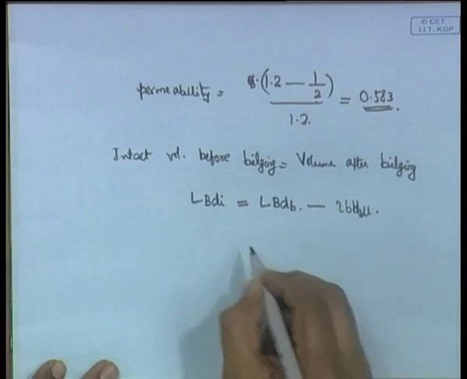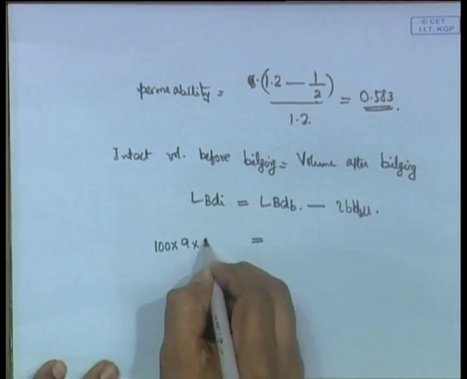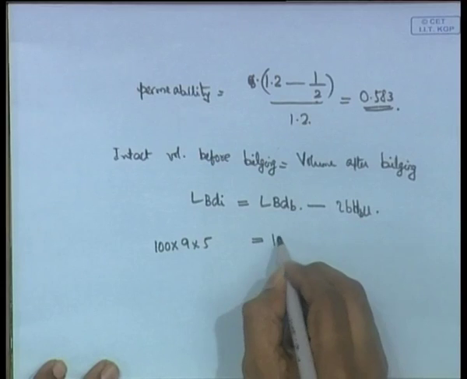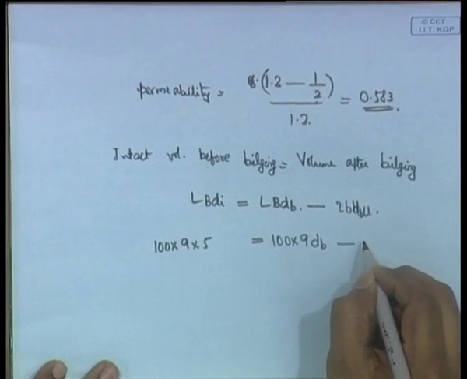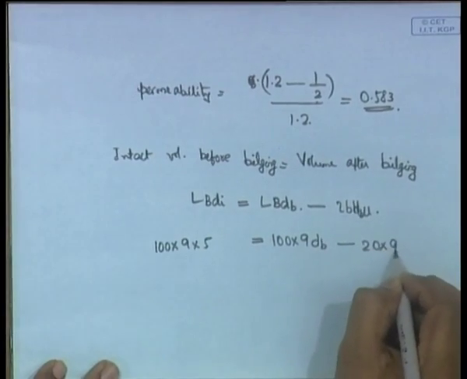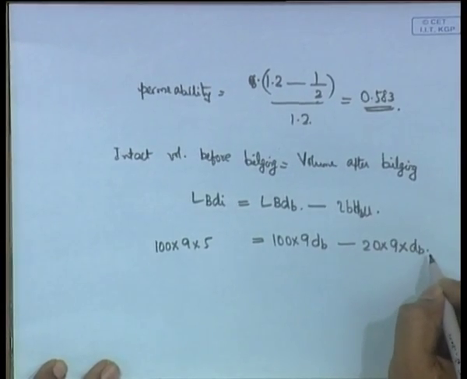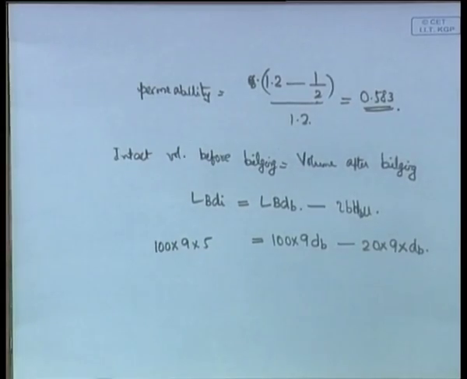You are told that the length of the vessel is 100, 9 is the breadth, 5 is the draft initially. So, 100 into 9 into 5 equals 100 into 9 into dB, minus, you are told that a 20 meter length of 9 breadth is flooded, into dB. There is nothing different except that in the earlier equation the volume of the water that entered was L into B into dB.